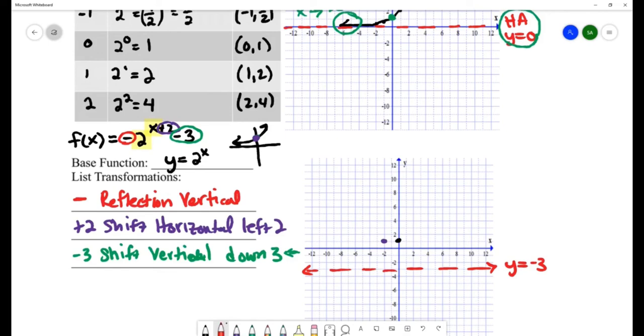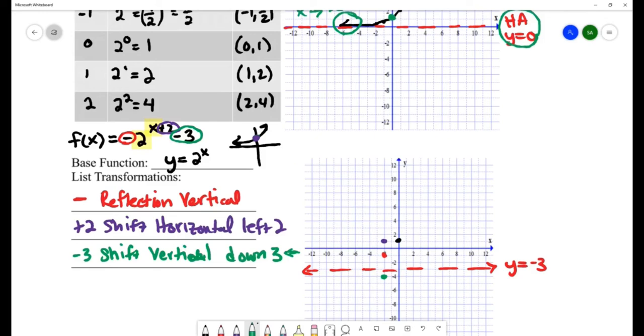So reflected is whatever's above gets moved to below. So right now I'm 1 above, I'll get reflected to 1 below. And then I'm going to shift down 3 from there. So 1, 2, 3 would put that point right here. So that anchor point moved to its new position at negative 2, negative 4.